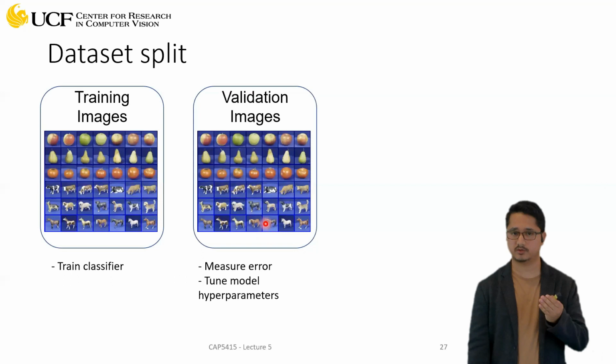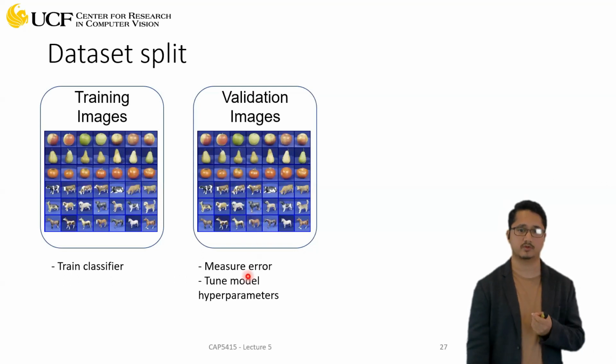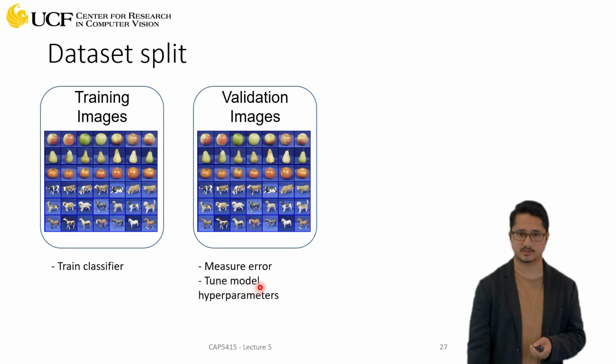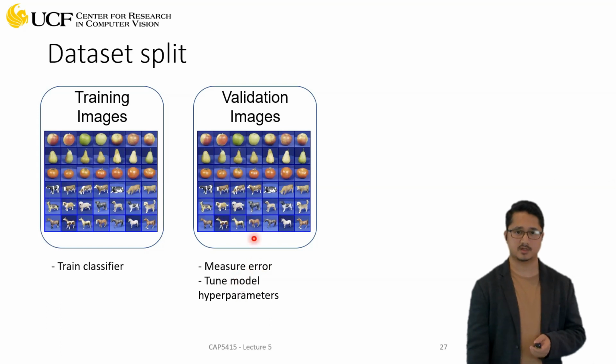If it's doing good, you will keep the parameters. If it's doing bad, you will try to improve your model. So this is also called fine-tuning your model or fine-tuning your hyperparameters. Again, we will talk about all those things. Don't worry if you don't understand what a hyperparameter is or what model tuning means. That's perfectly fine.